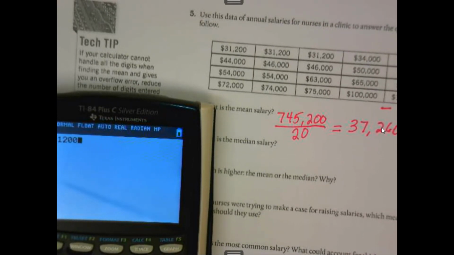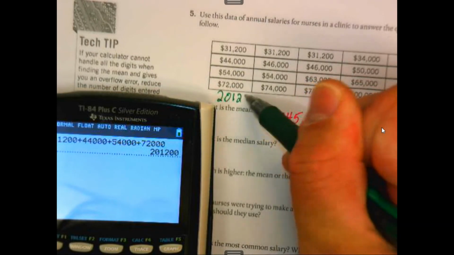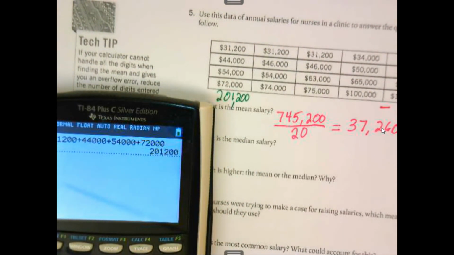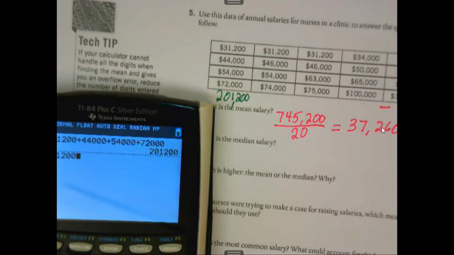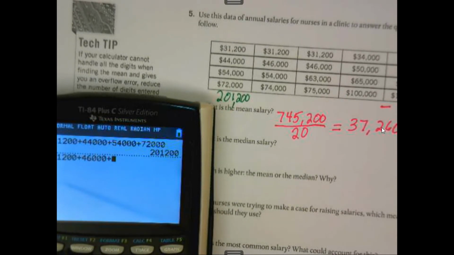31,200 plus 44,000 plus 54,000 plus 72,000. Enter. I'm going to add each column up. This is 201,200. 31,200 plus 46,000 plus 54,000 plus 74,000.